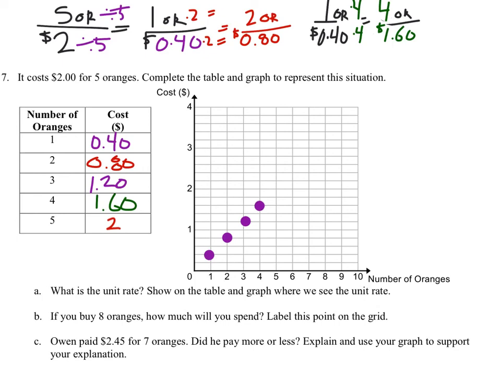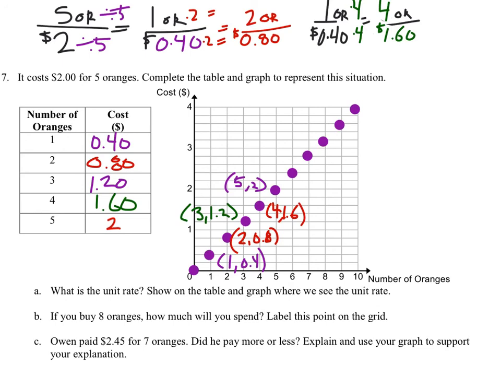And then 5 and $2. Bam. Now based on this we can see a pattern, which means we could continue this upwards. And also back to 0, 0. So that just helps us, but we should label these as well, just the ones we put in the table at least. Alright, so there's our labels for the ones that were from the table.